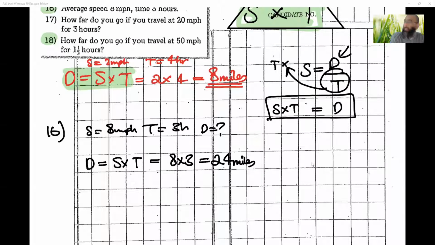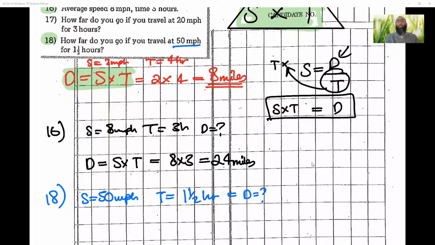Okay, question number 18, let's have Aisha join me, please. The speed is 50 miles per hour and the time is 1.5 hours.